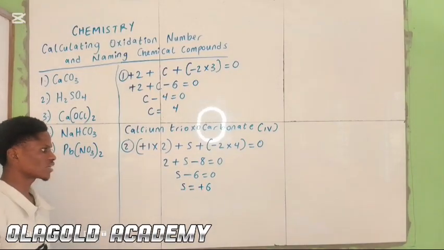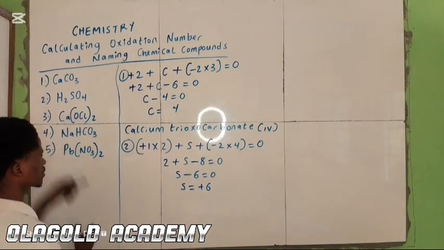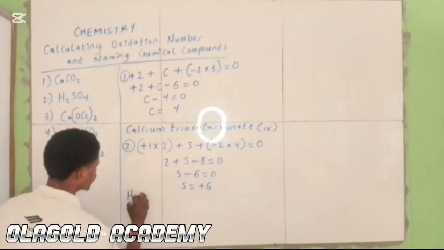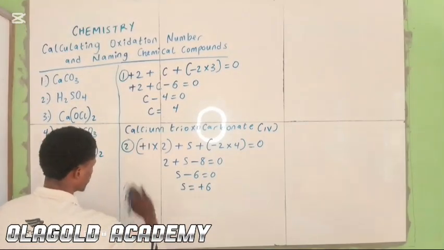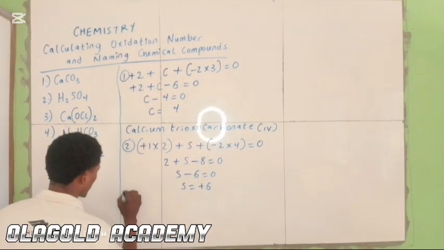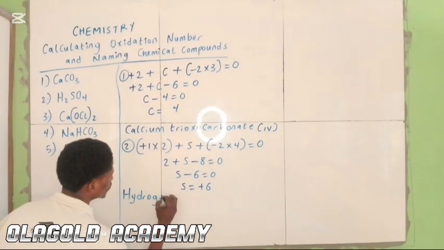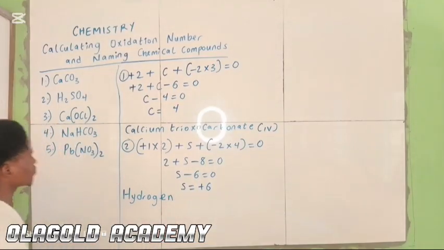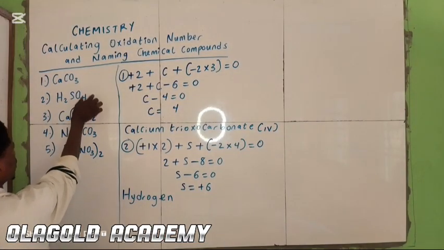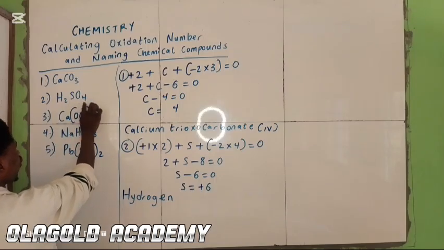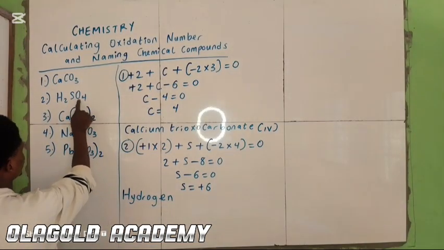For me to now name this kind of compound, I have to pick this one at this side first. So I have hydrogen. I will come here next, pick the first one, come to the last one. I'm having O4. 4 is tetra, so it becomes tetraozo.